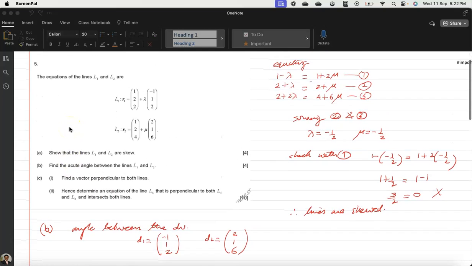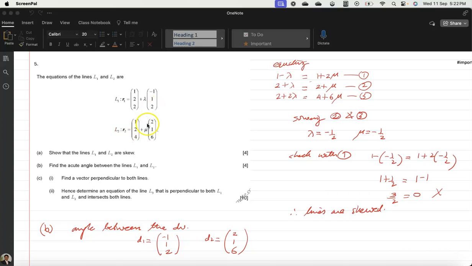Find a vector perpendicular to both the lines. That's your C1. So you have to find a third vector which is perpendicular to both the lines. Whenever they ask you to find a vector perpendicular to two given lines, you find the cross product of the two direction vectors. The direction vector of the first line is minus 1, 1, 2.